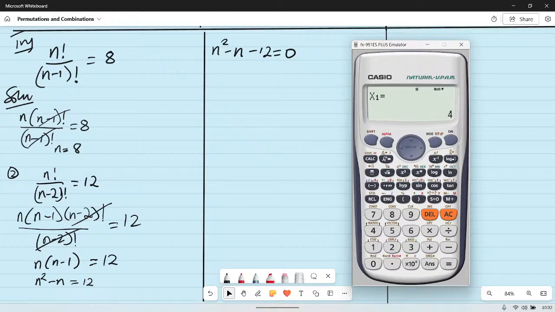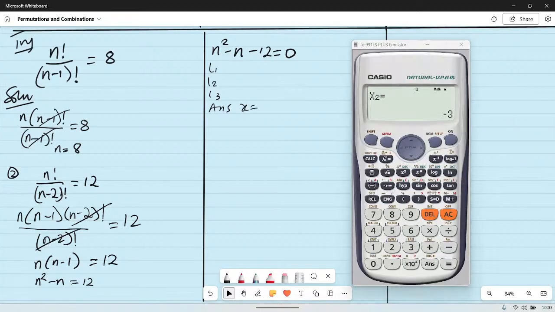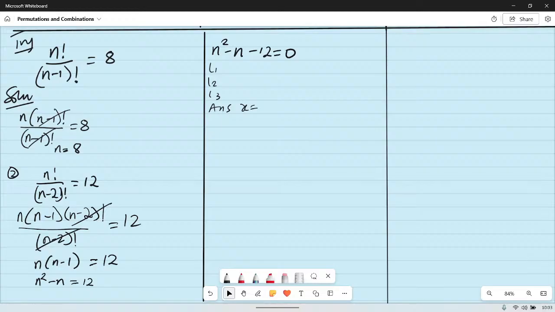So x is 4, negative 3. You leave 3 lines, line 1, line 2, line 3. The answer, x is what? 4 and negative 3. I don't want to use x, I'm using n. So 4, negative 3, right? Then you move them across the equal sign.